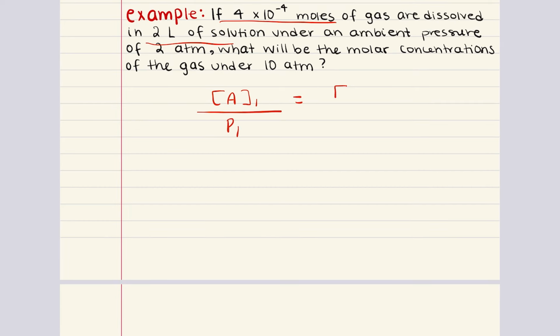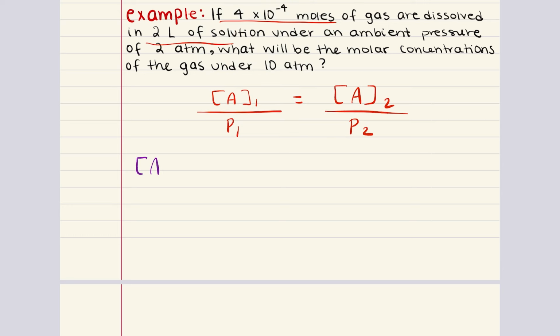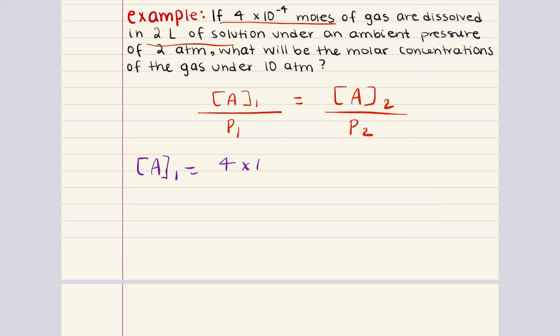We're going to use this expression that I am writing out right now. Let's go ahead and calculate this initial concentration. This is going to be equal to moles divided by liter. Moles is 4 times 10 to the minus 4, and we are given a volume of 2 liters.